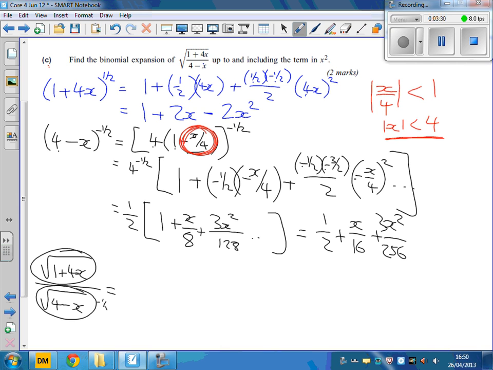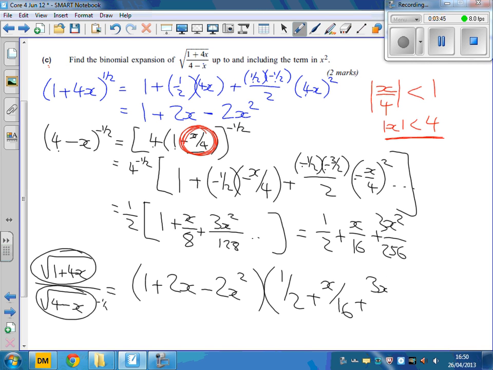So all I actually want to do is multiply my two answers together. I want to do 1 plus 2x minus 2x squared from the first bit, and I want to multiply that by a half plus x over 16 plus 3x squared over 256 there.